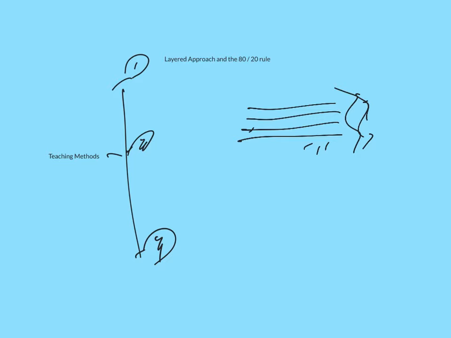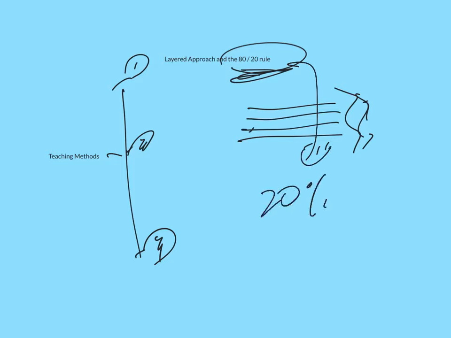In this case, we're going to apply the 80-20 rule, or sometimes the 90-10 rule, which says that 80% of what we truly need to learn is actually only 20% of the material. So if you know just 20% of the material, you'll be able to take great care of patients 80% of the time.